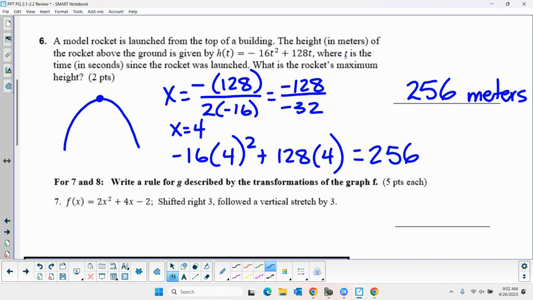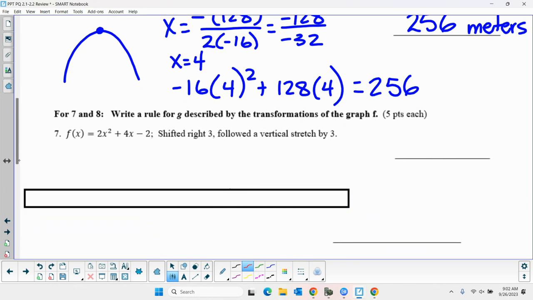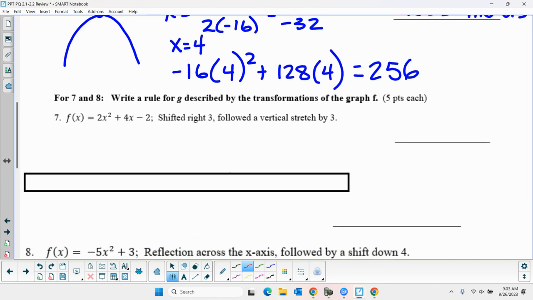All right, number 7 is when we have to do some algebra. When I move something right 3, I do it to the x. So wherever I see an x, I put a set of parentheses.